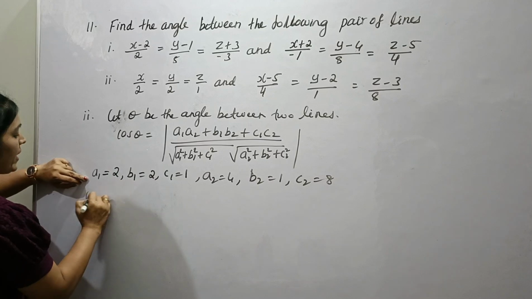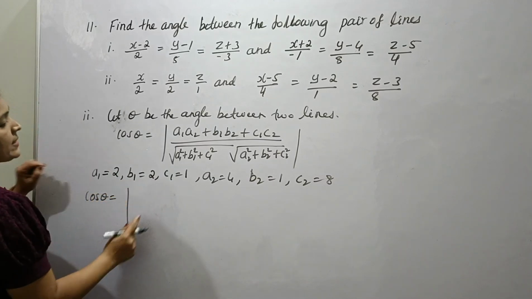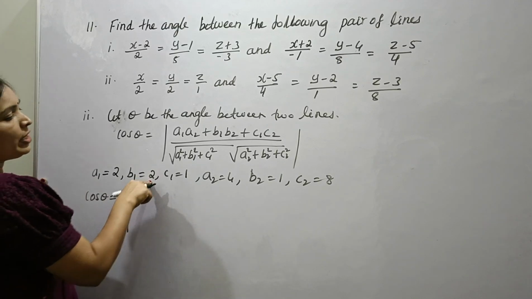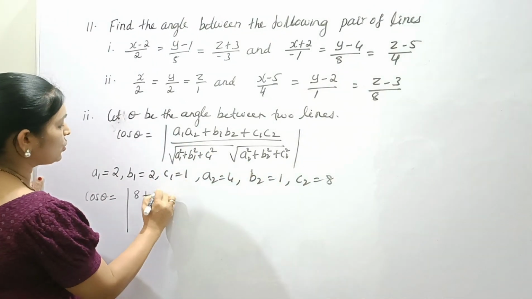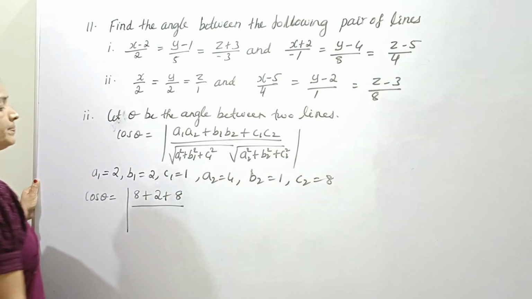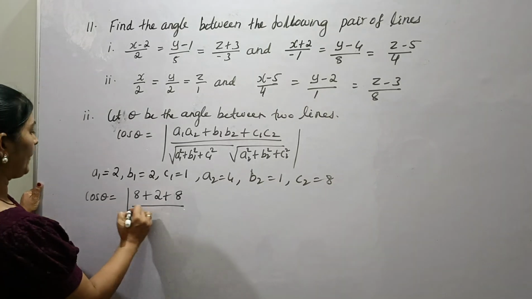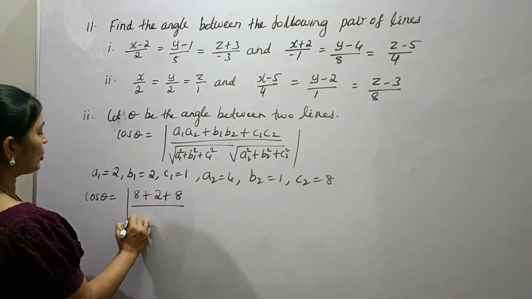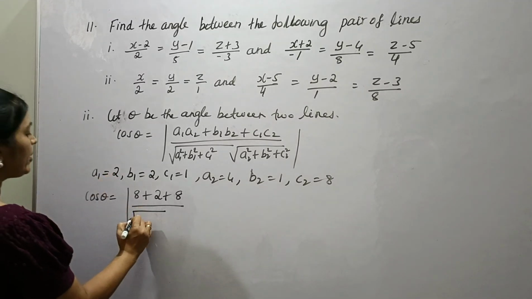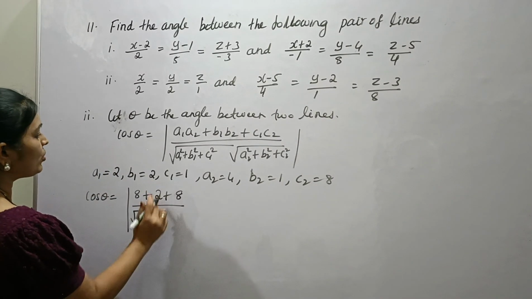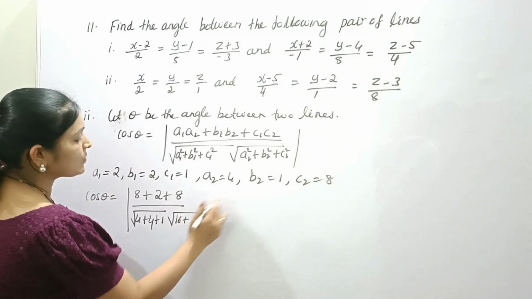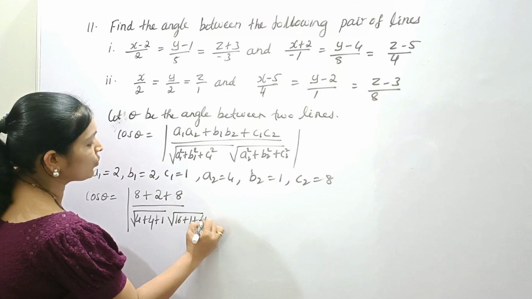Then cos theta is equal to the modulus of a1 into a2, 2 into 4, which is 8, plus b1 into b2, that is 2 into 1, which is 2, plus c1 into c2, which is 8, divided by root of a1 square 4 plus 4 plus 1 into root of 16 plus 1 plus 64.